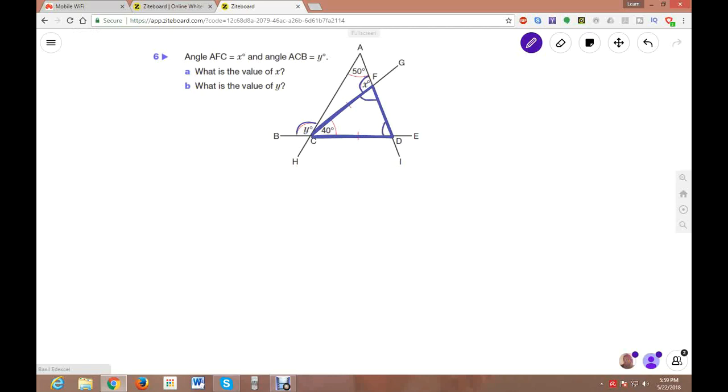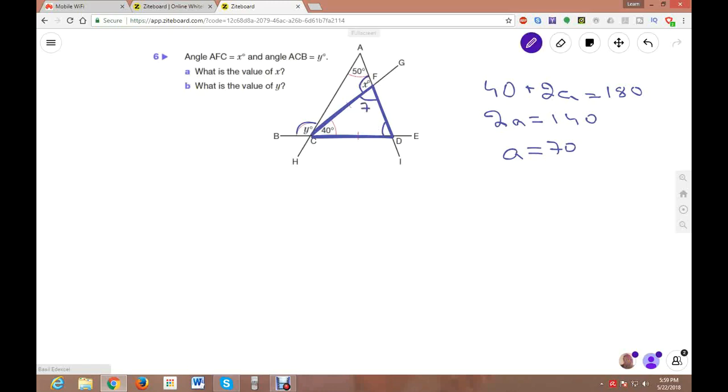If I just call them A and A, then 40 plus A plus A, that is 2A, is equal to 180. So 2A is equal to 140 after subtraction, so A is therefore 70.